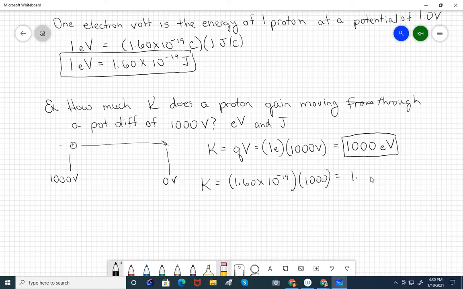That's going to be 1.60 times 10 to the negative 16 joules. So an electron volt is just one more unit for energy that's used for these types of problems because it's convenient.